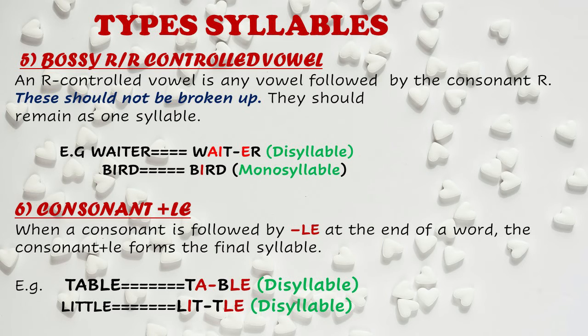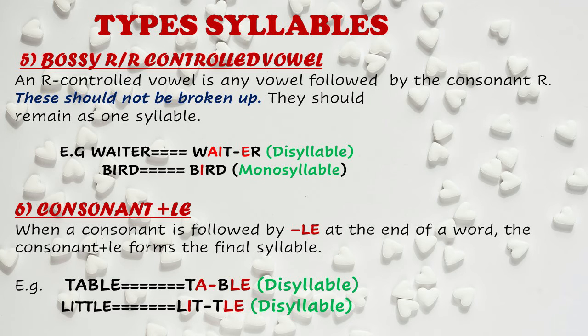And hence they should not be broken up. So we divide the word into wait as one syllable and ER as a second syllable, all right? Now let's pronounce the word. It would be wait, waiter. The R sound takes over so that you hardly get to hear the E vowel sound. So it would be waiter.